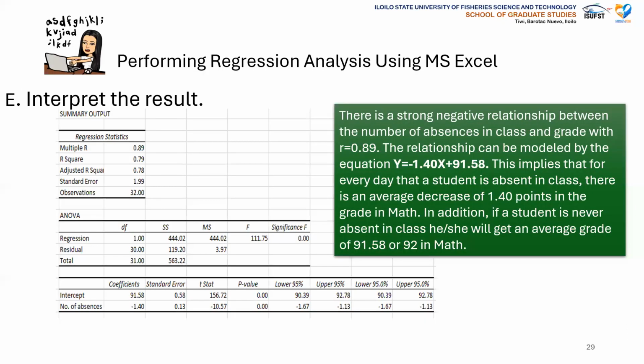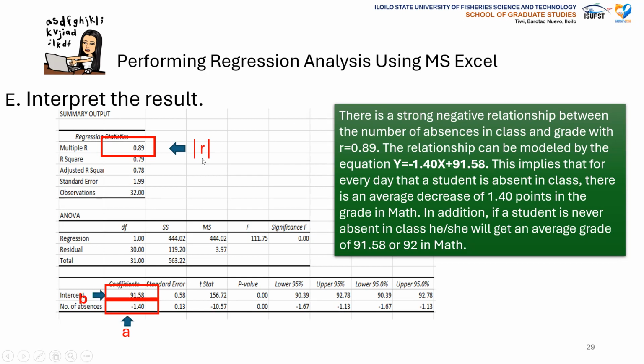So let's interpret the results. There is a strong negative relationship between the number of absences in class and grade, with R equals 0.89. So you might be asking, sir, why does it look positive here? Why does it say strong negative?